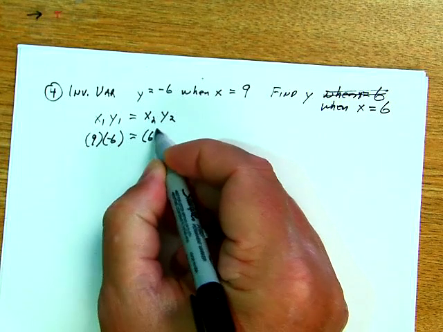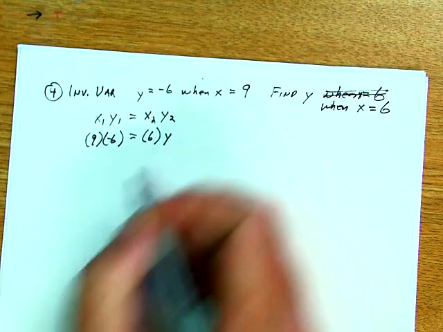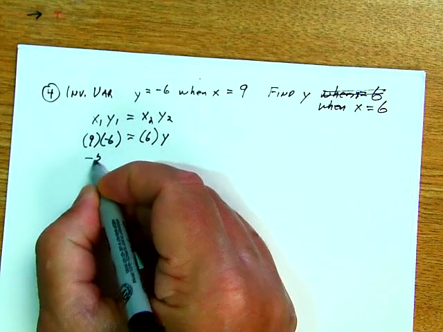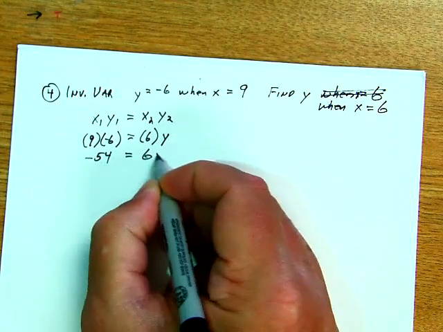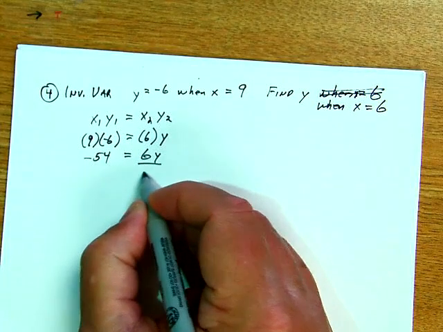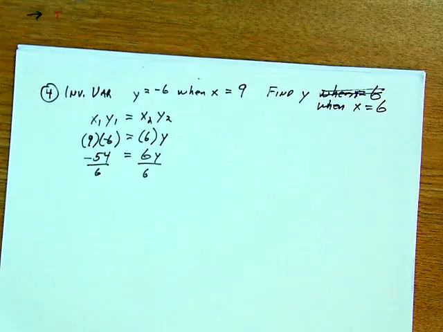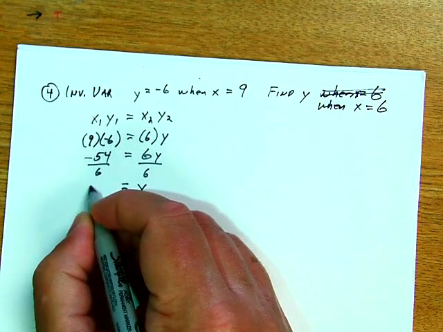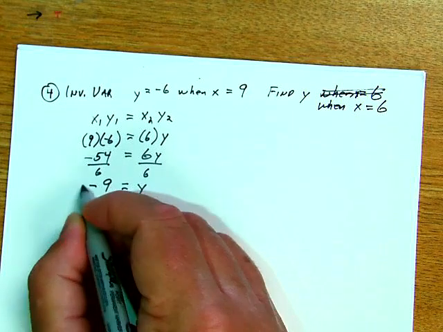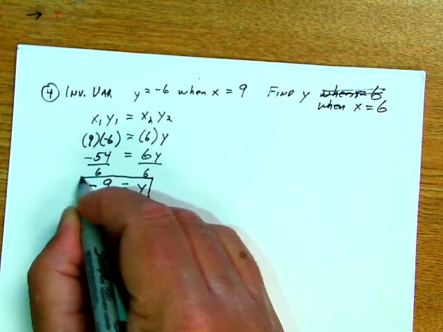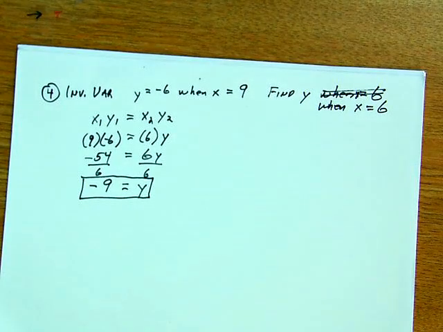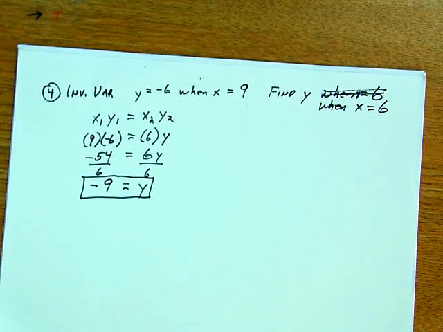Well, we got x is 6, and y is what we're looking for. So we got -54 is equal to 6y. Divide both sides by 6, and we end up with y is equal to -9. Once again, I could have used a proportion of the product rule, but I don't need to. I can use any one I want.